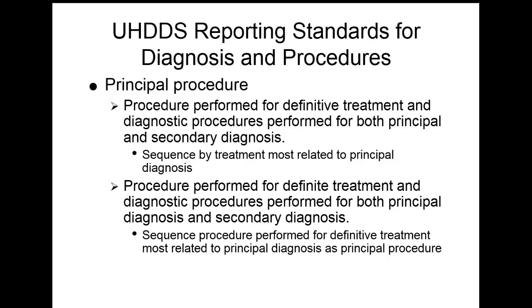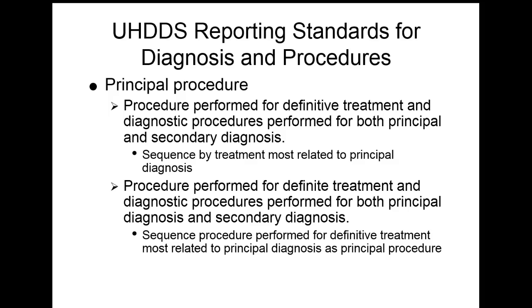Procedures performed for definitive treatment and diagnostic procedures that are performed for both principal diagnosis and secondary diagnoses are also coded. And then you sequence the procedures based on which one is the definitive treatment and most related to the principal procedure.